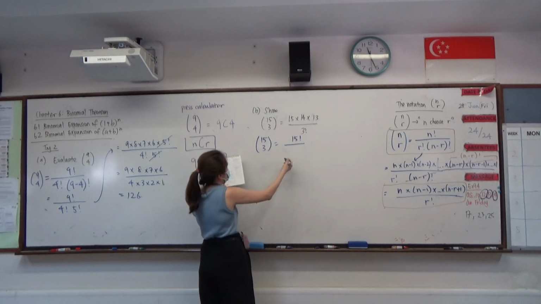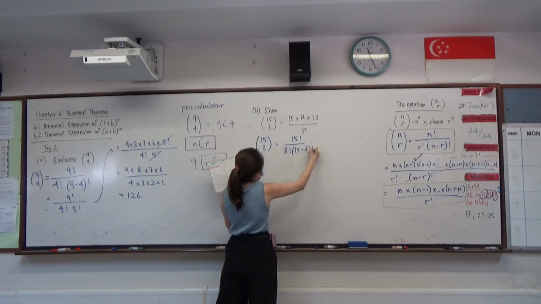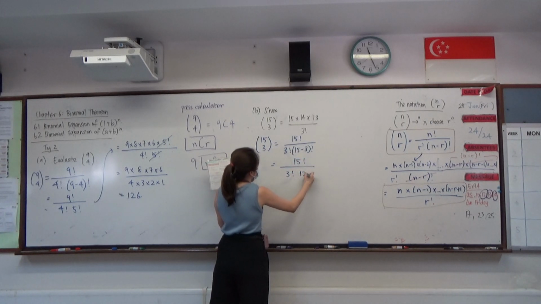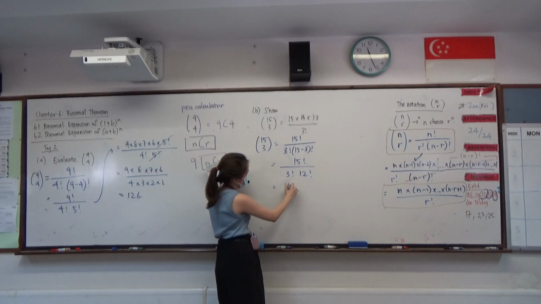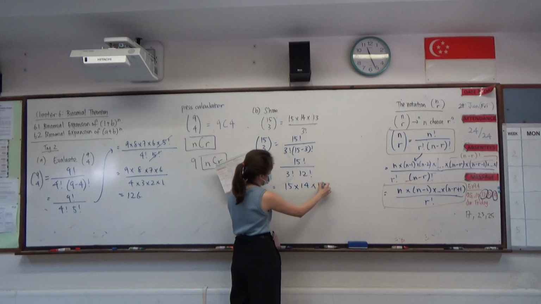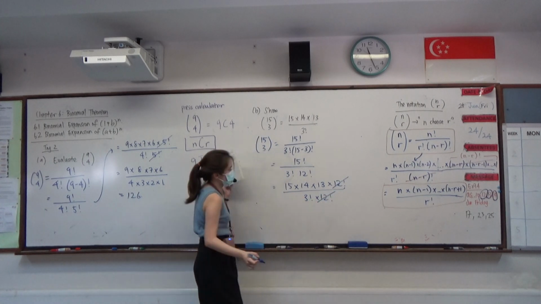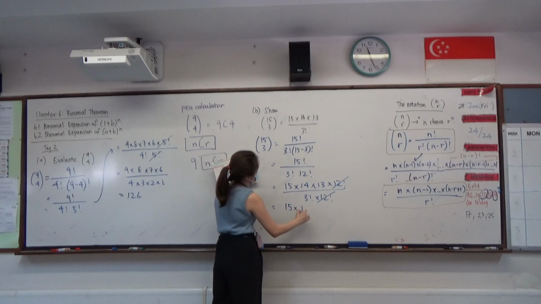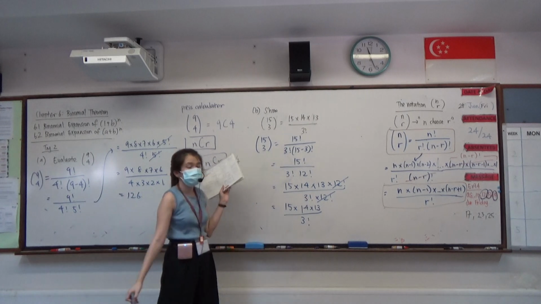Starting from the left hand side, it is 15 factorial over 3 factorial times 15 minus 3 factorial. 15 factorial is actually 15 times 14 times 13 times 12 factorial. We can cancel out the 12 factorial, which leaves us with what we want to show.